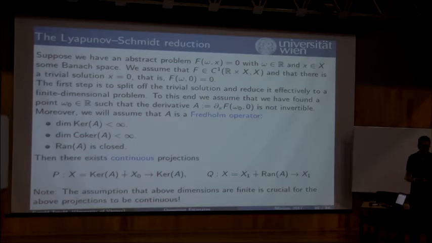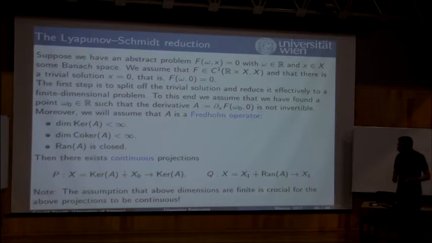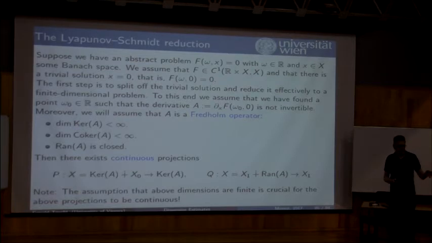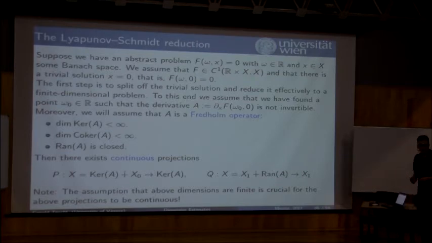We would like to reduce everything to a finite dimensional situation. So the first thing is we reduce it to a finite dimensional situation. This is this Lyapunov-Schmidt reduction, and once we have this, we split off the trivial solution, and then after splitting it off, again apply the implicit function theorem, and this will give us the desired result.